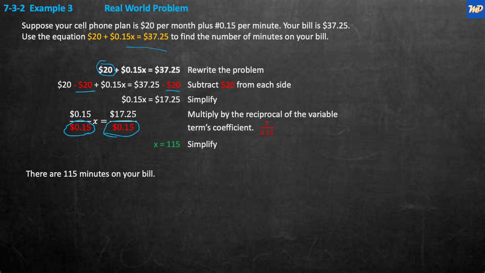Okay, and when we do that, we're going to find out that the 15s cancel, and we get x. And if you take $17.25 and divide it by 0.15, you'll get 115. So x is equal to 115 minutes. There are a total of 115 minutes on the bill.